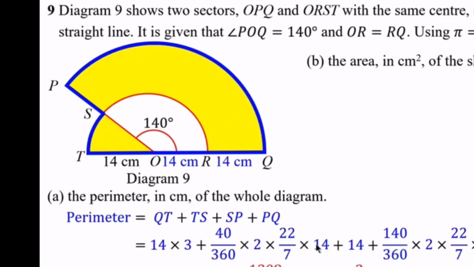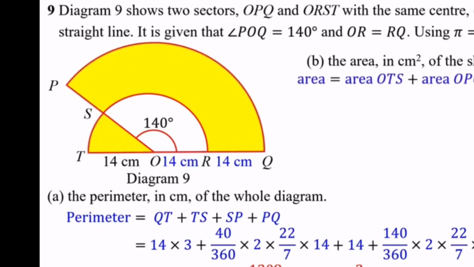Next, we will focus on the area for the shaded region. We need to find the area for the bigger sector, and the area for OTS is a smaller sector, so that one we can find. But for the bigger sector, you need to minus out another sector in white color so that you can get the area shaded in yellow color.